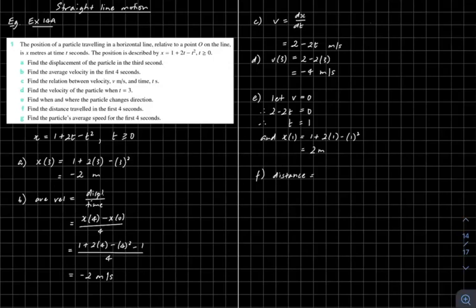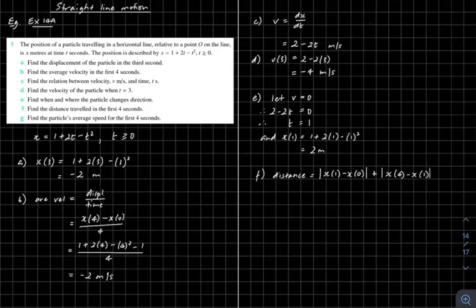But if I wasn't sure of that, I could just take the absolute value of everything. So I could say, well, this is the distance that it travels in the first second, so that's the change between its position at time 0 and time 1. And onto that I want to add the change in its position between time 1 and time 4 seconds.